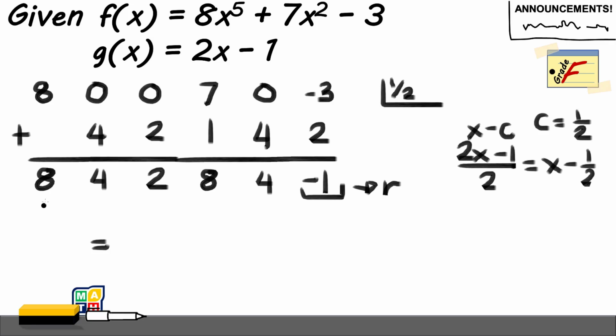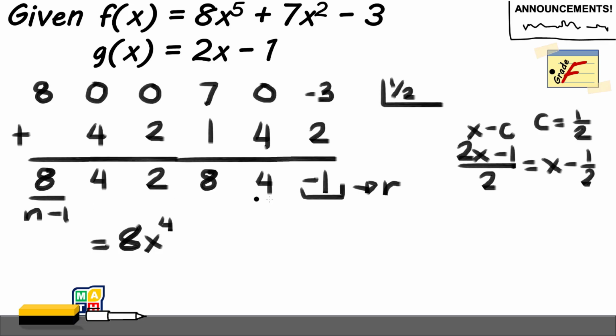This 8 here is the coefficient of the term with degree n minus 1. That n refers to the highest degree of the original dividend, x to the power of 5, so that's 5. But here, 8 will not be the coefficient of x to the power of 5, but rather 5 minus 1, that's 4. So it's 8x to the power of 4.